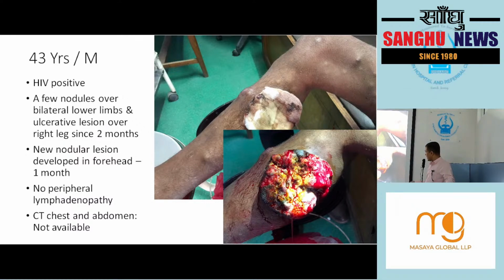The biopsy was taken from this nodule, not from the ulcer, so I'm not aware of the nature of this ulcer.